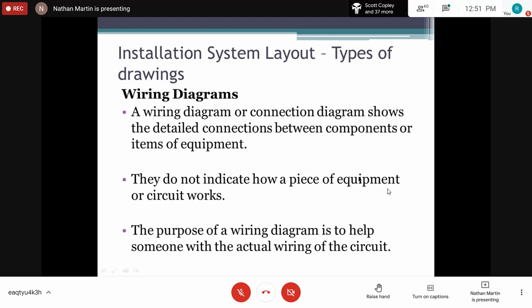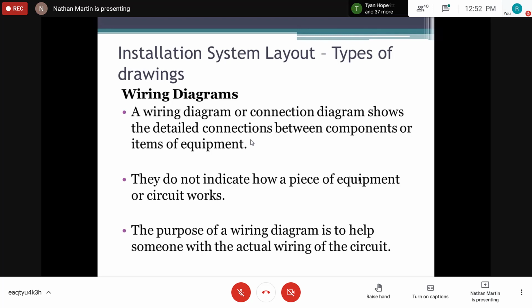All right, the wiring diagram, which is a diagram that we are or should be familiar with, right? It shows the detailed connection between components or items. Unlike the block diagram, where they show you the flow, this will show you the detailed connections between them.